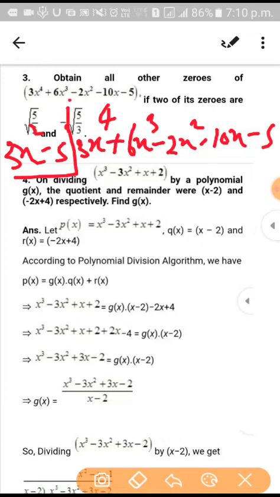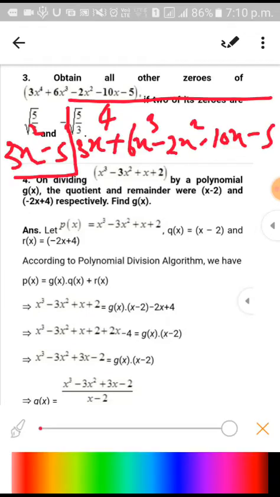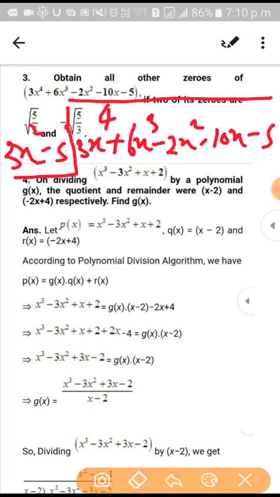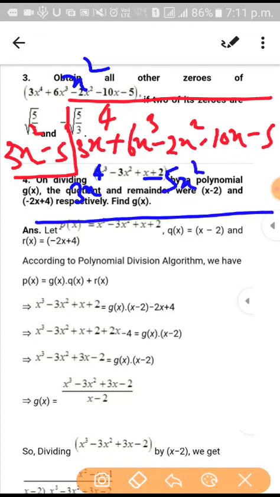Okay, first of all we multiply 3x square by x square, so that is 3x to the power 4, and then minus 5 multiplied by x square, that is minus 5x square. Okay, we got minus, this is plus, this is gone.